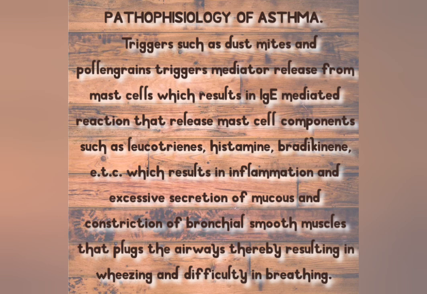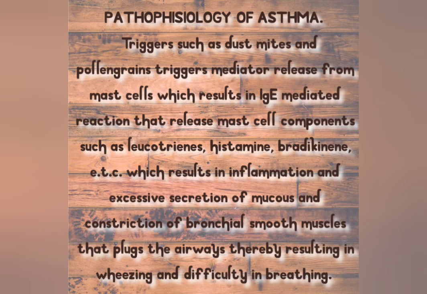Those components are leukotrienes, histamine, bradykinin, adenosine, and prostaglandin, and platelet-activating factor of anaphylaxis, which results in mucosal edema, accumulation of eosinophils in the airways, and production of thick mucus that causes deterioration in lung functions, hypertrophy, and inflammation of bronchial smooth muscles, which leads to further excessive mucus production, airway edema, and acute bronchoconstriction.